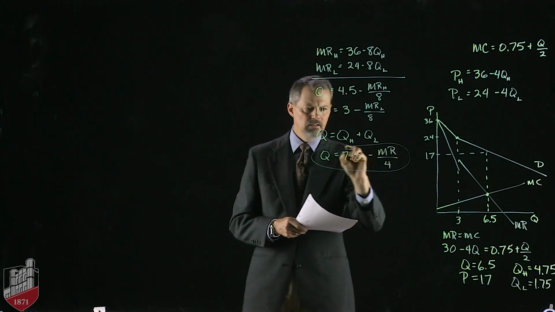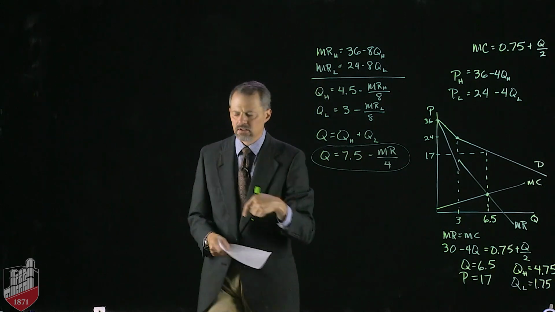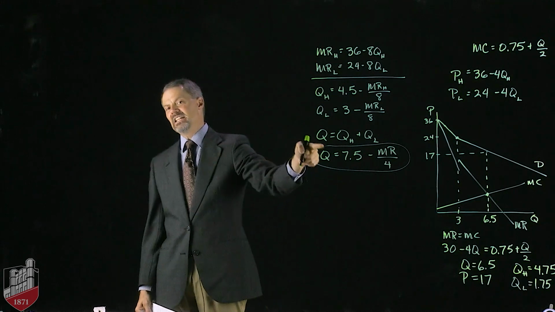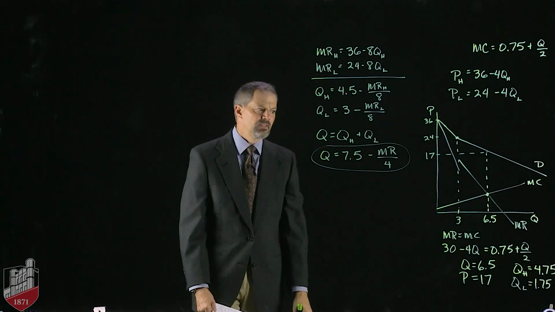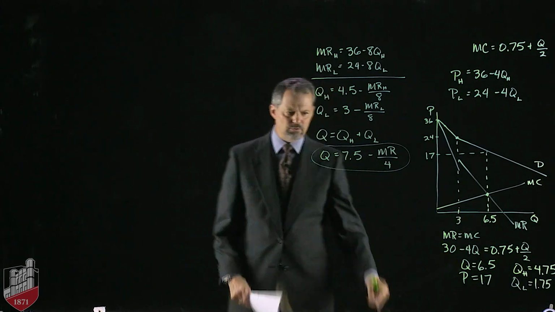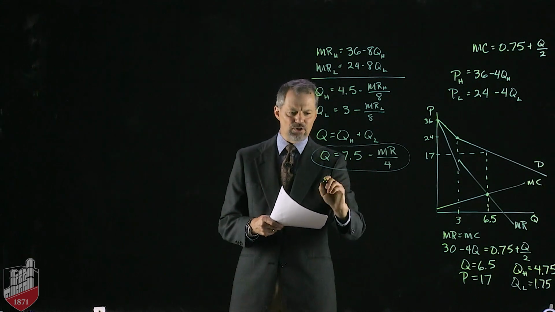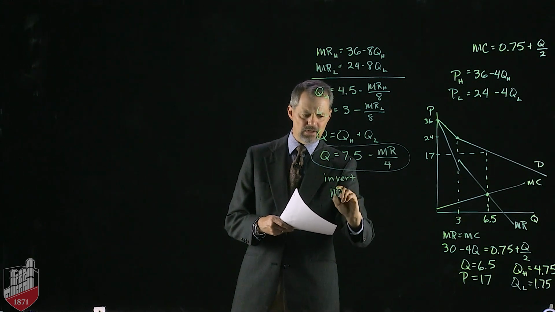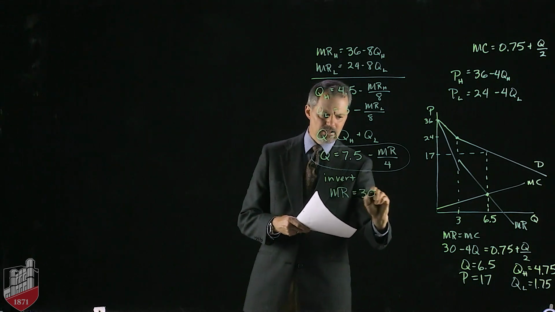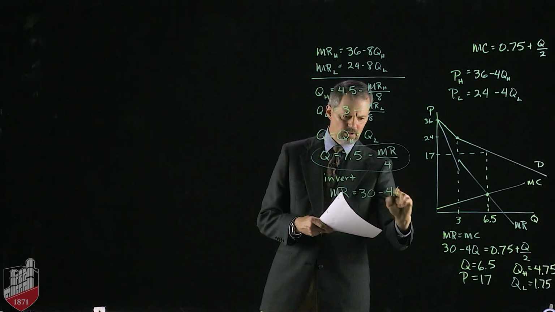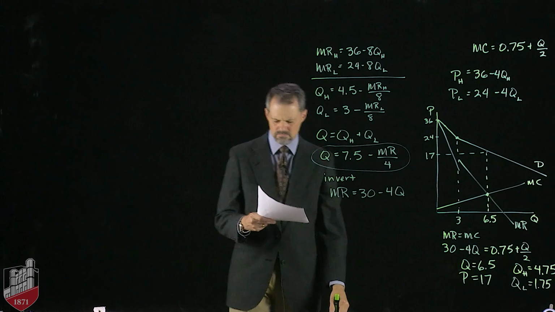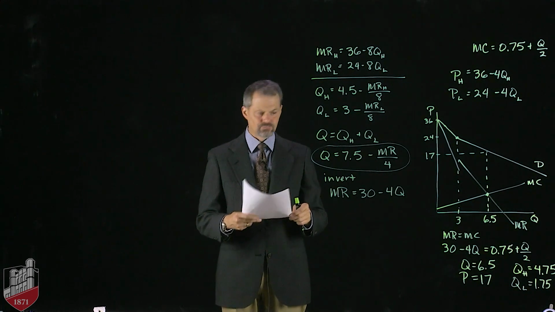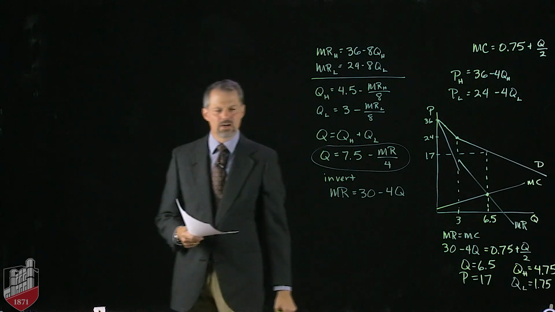That is the inverse of the market marginal revenue curve. I need to invert that to get the market marginal revenue curve. So when I invert, I get this: marginal revenue is equal to 30 minus 4Q. So there's my marginal revenue curve.